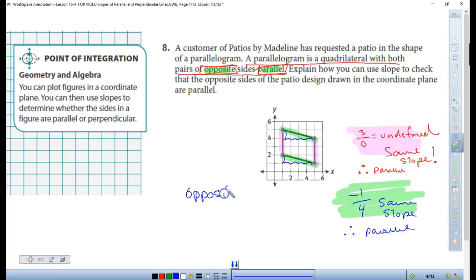Opposite sides have the same slope, therefore a parallelogram. You just kind of proved it, and we're going to use that a lot second semester, being able to prove when we get to quadrilaterals if they're parallelograms by doing their slopes. All right.